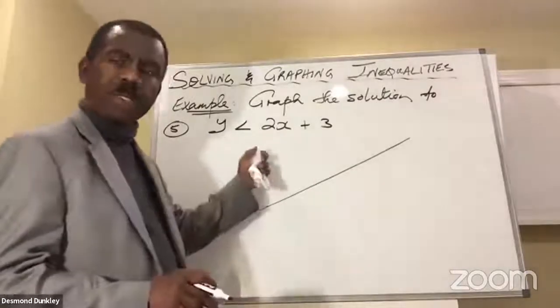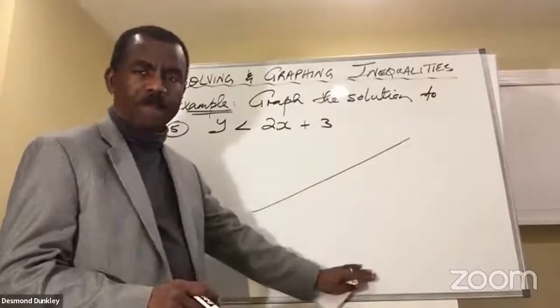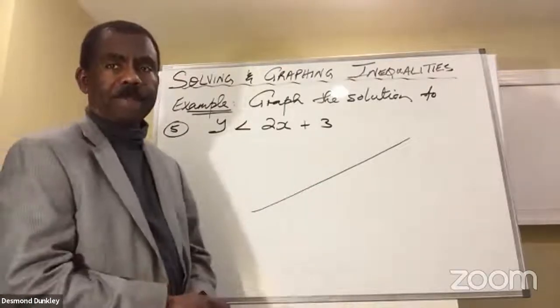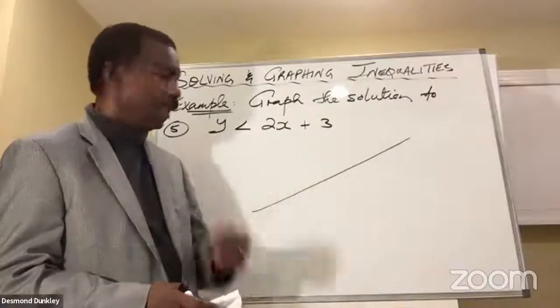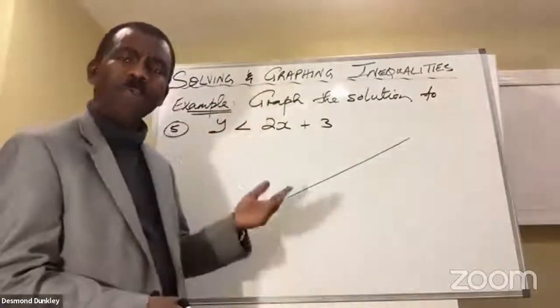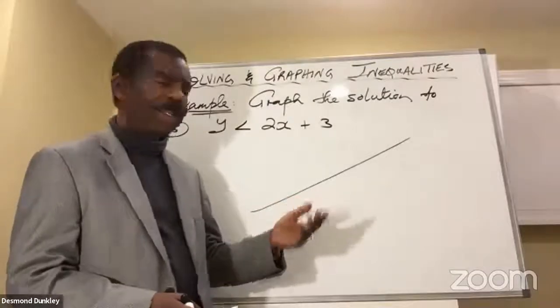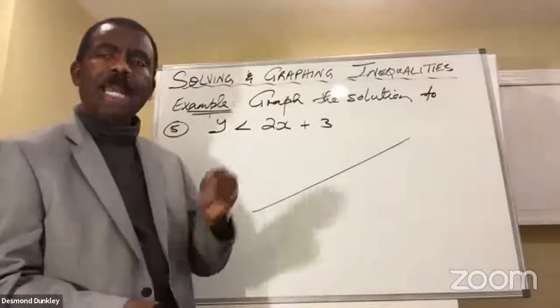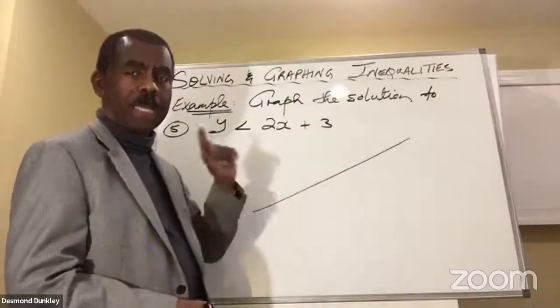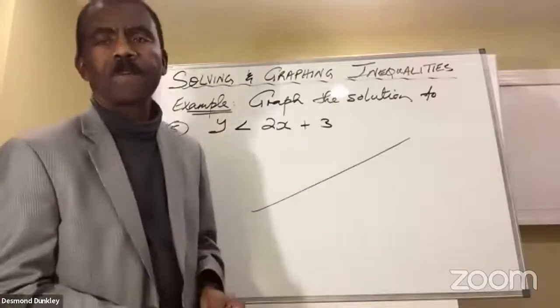And your answer is going to be either below the line or above the line. That's it. So it's for you to be able to, one, draw the graph, which is something we did about two weeks ago. We learned how to draw the graph of a line. And then two, decide if we're shading below the line or above the line. So those are the two things that we have to do.